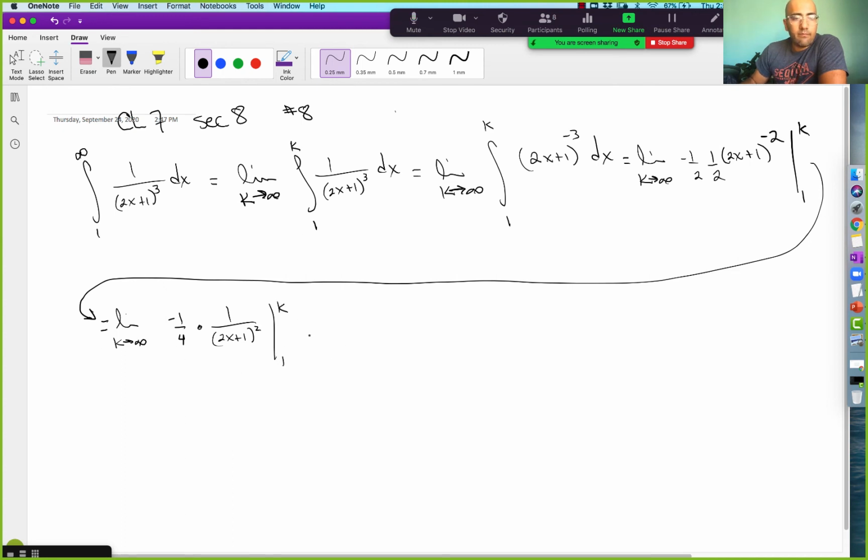I'm going to move out that negative 1/4. Negative 1/4 times the limit as k goes to infinity of 1 over (2k plus 1) squared minus 1 over (2 times 1 plus 1) squared.